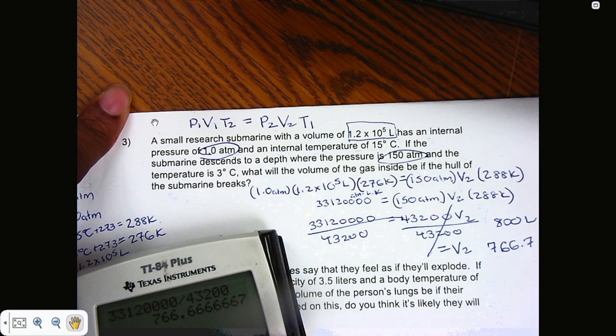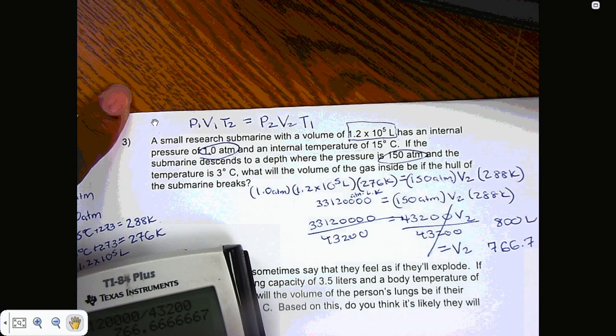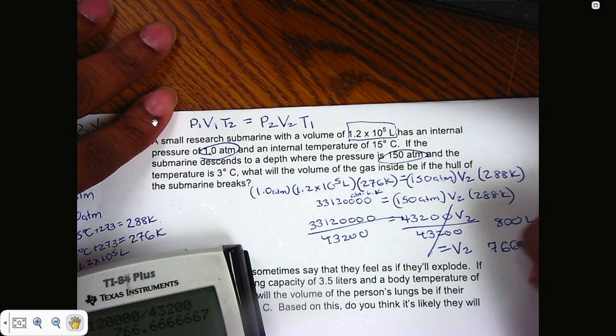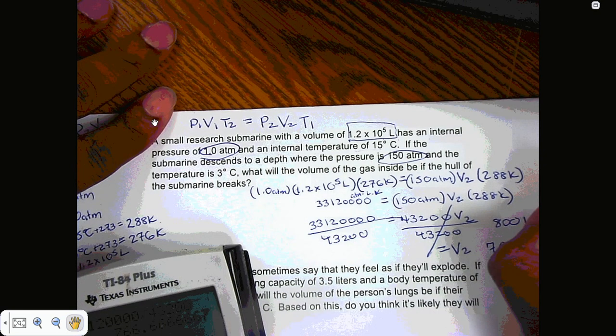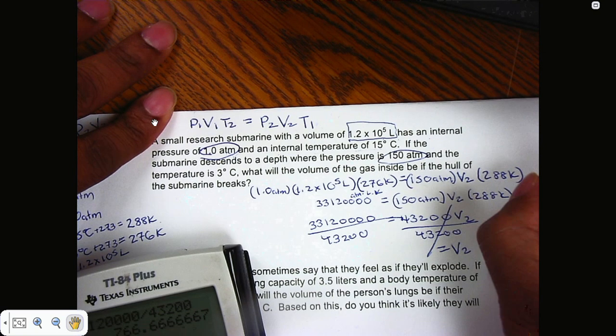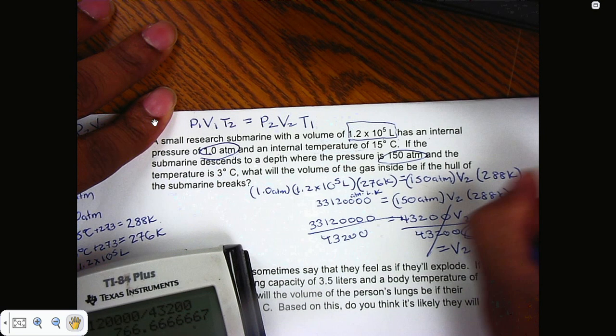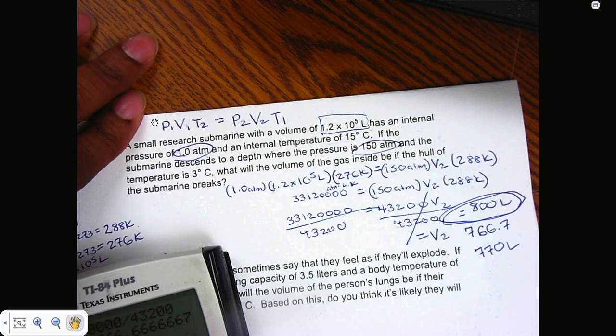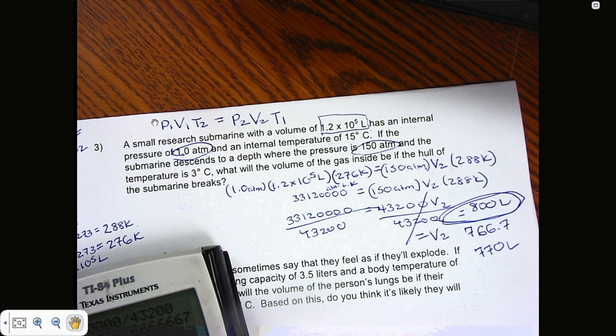Alternatively, you could use 2 sig figs, and if you wanted 2 sig figs, it would be 770 liters. I'm going to lean towards the 1 sig fig, and that's going to be my answer of 800 liters because I want 1 sig fig.